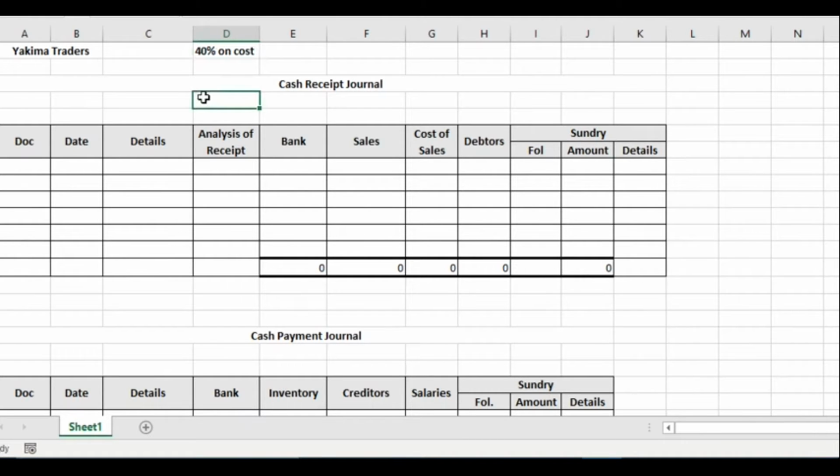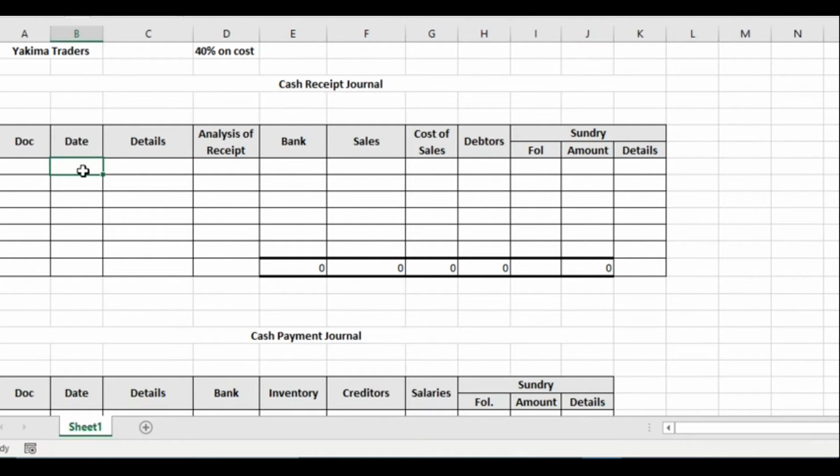So now let's continue reading. The following we have to ignore that. So now going to number 1 or day 1, the first transaction says M. Matilda, the owner of Yakima Traders, transferred 150,000 of his own funds to the entity's bank account. So these are funds that we received.